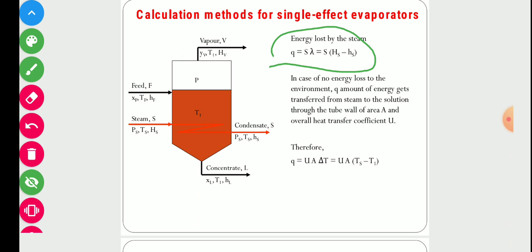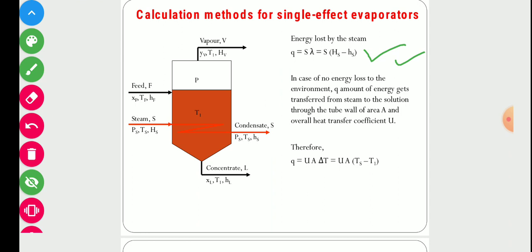Now what is happening? We are injecting steam which gets condensed in the evaporator, and we get condensate. So during that process it releases an amount of energy equal to the heat of condensation. That energy is transferred to the solution. Now the total amount of energy transferred to the solution will be equal to this one, and this is possible if there is no energy lost by the evaporator.